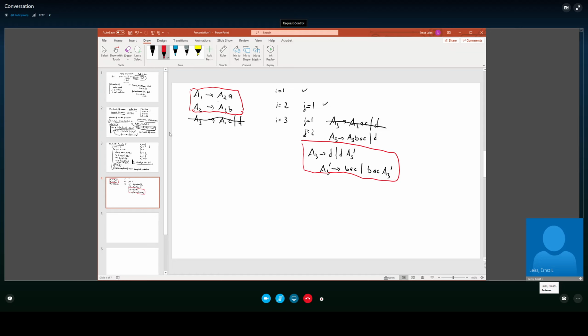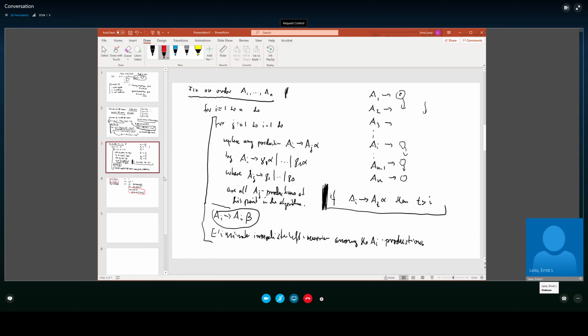Because if we have this property that if a variable generates another variable, that variable has to be strictly further down in that list, then there is no way of getting left recursion, because left recursion basically requires you to go back up again. And since that can't be, you have now eliminated left recursion in general.